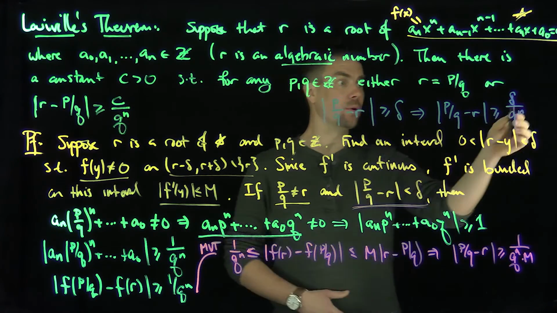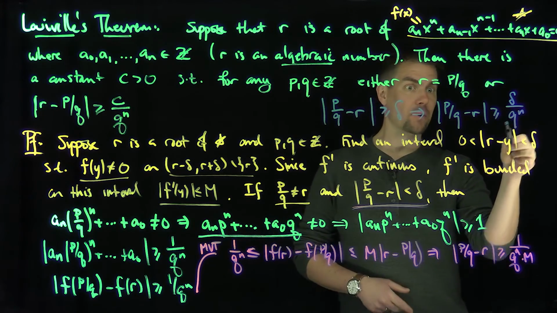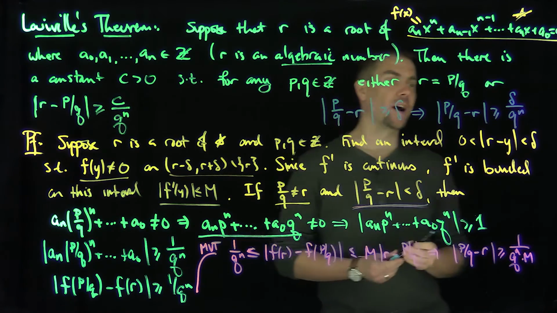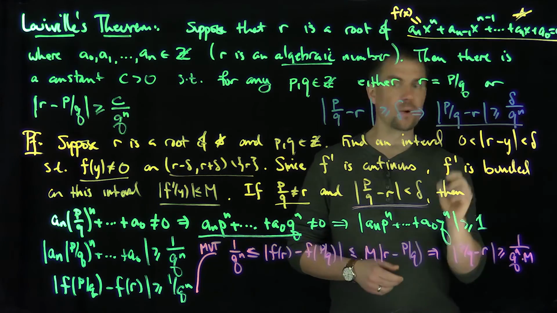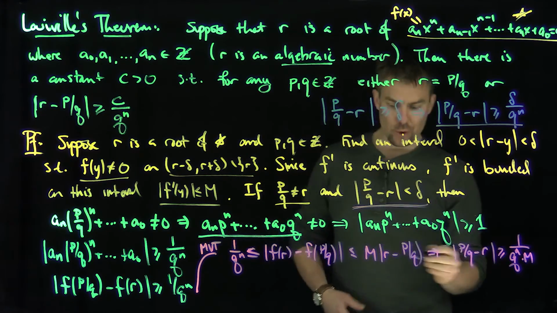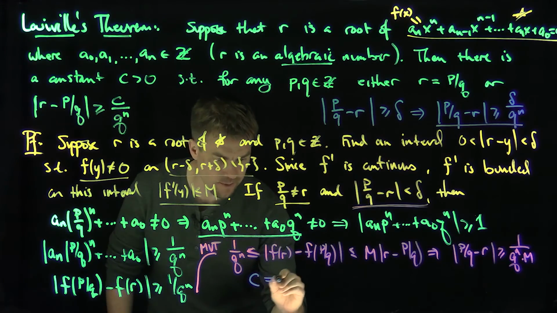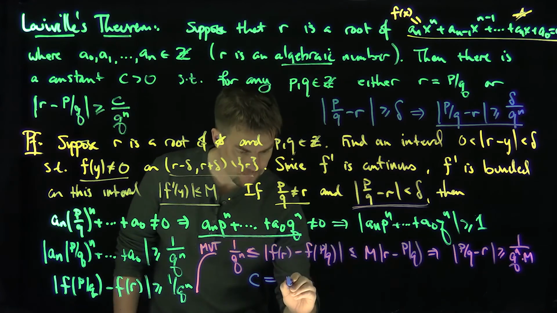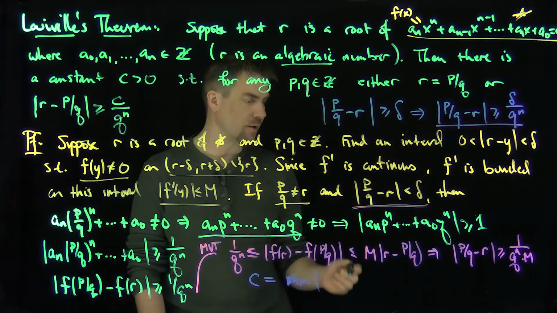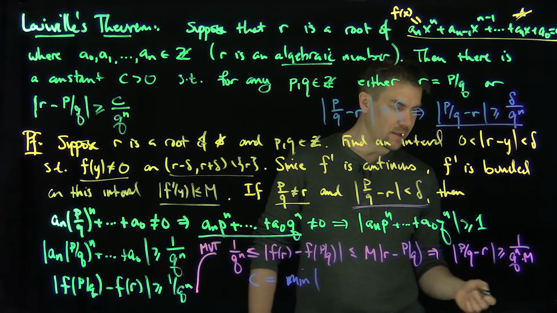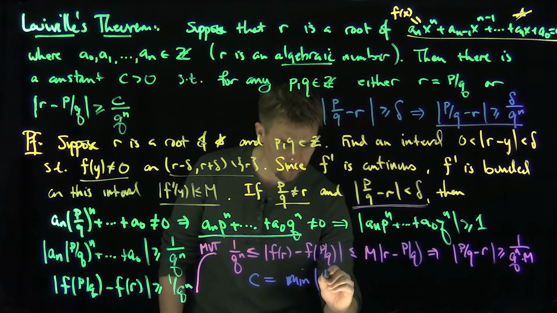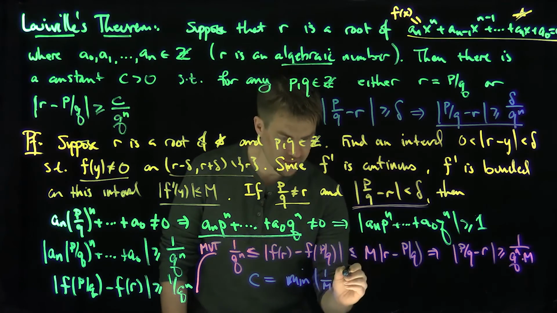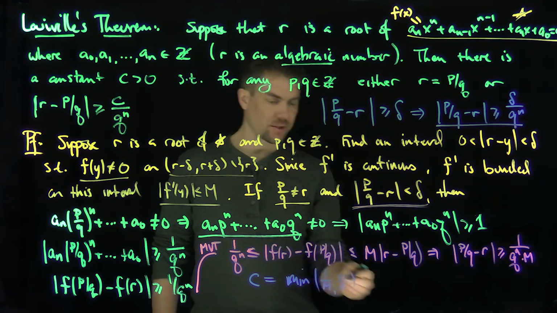So I'm making this whole expression even smaller than delta itself, right? So this estimate is true if you're outside that region. So what we can choose for our constant c in this theorem is the smaller of those two numbers, whichever one is smaller will get the result. So the minimum of 1 over M and delta will be the choice of c that will exist.